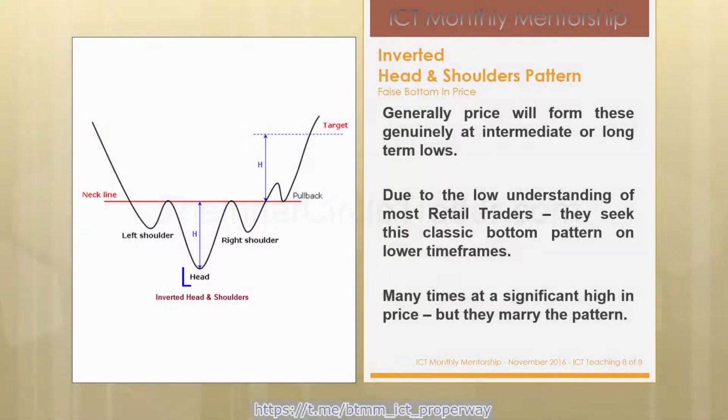And I'm going to look to go short there and not expect to see price go higher, but in fact blow out those equal highs and then make a run for the sell stops below what would be deemed the head on this pattern, or the lowest low in most recent price action. You can take your first profit at the right shoulder on both these patterns, respectively. But let's take a look at a couple of chart examples, and you can see what this pattern looks like in price.